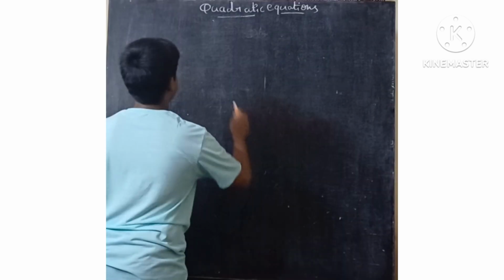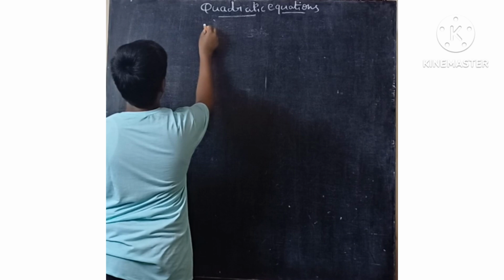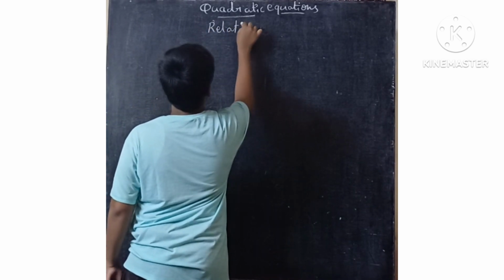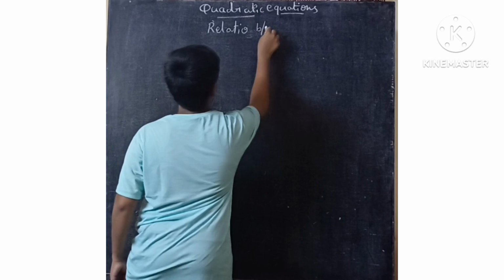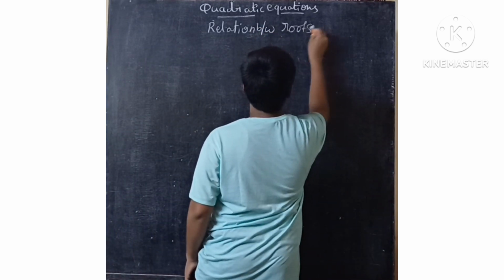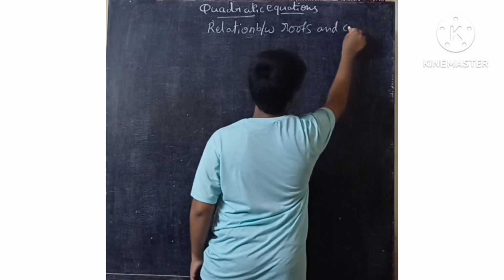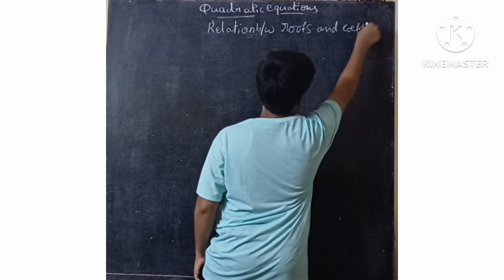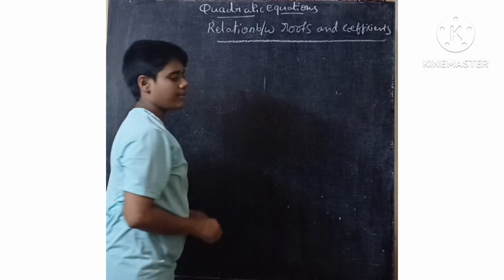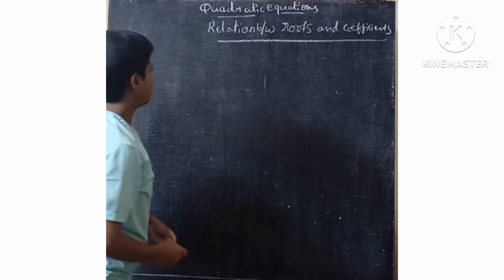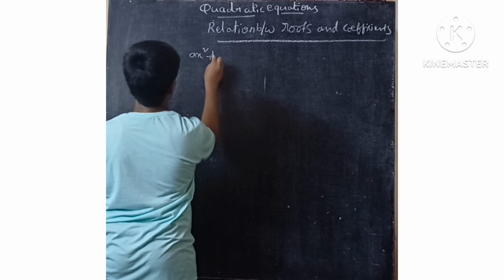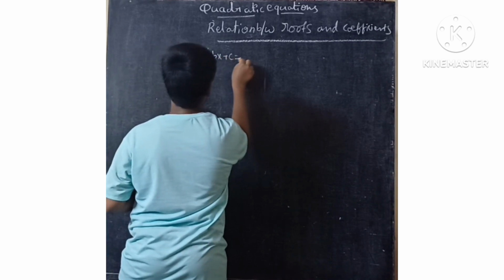Okay, next topic, relation between roots and coefficients. Relation between roots and coefficients. So here the quadratic equation is ax square plus bx plus c equal to 0.